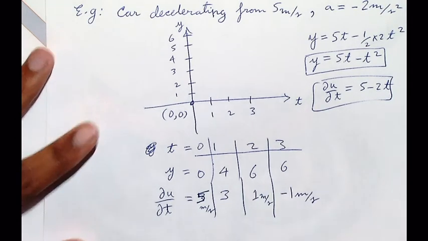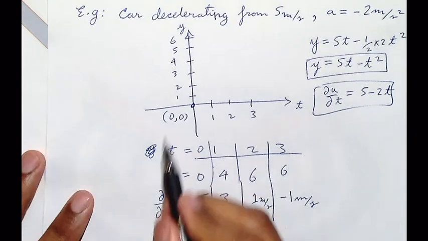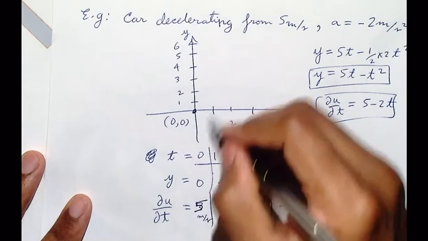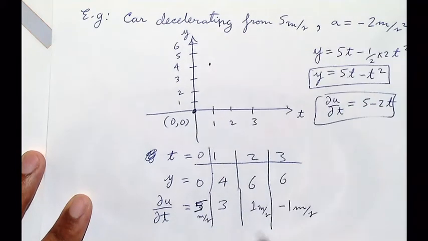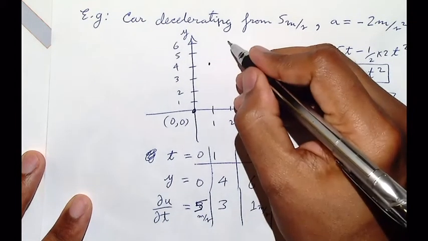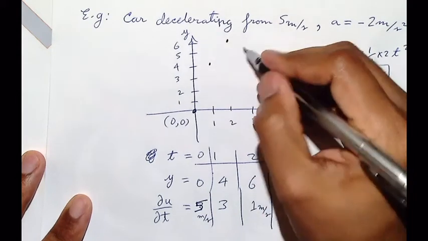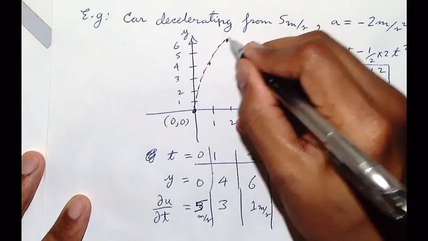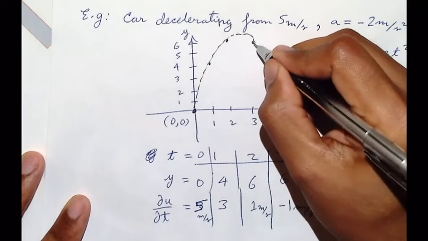Okay? So let's put down the points. We have 0, 0 here. We have 1, 4 here. We have 2, 6 here. 3, 6 here. Okay, so analytically the path of the car will look something like this.